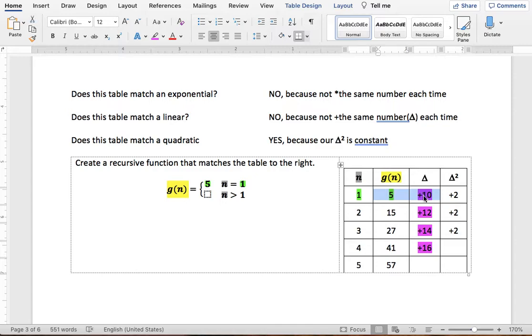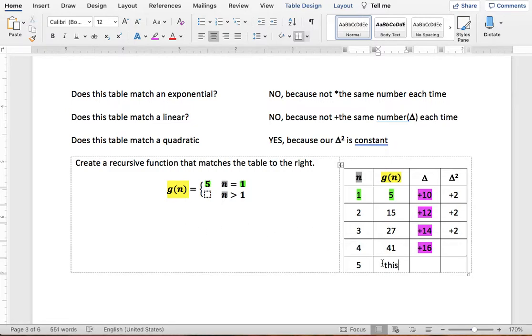So this plus that got me 15. This one plus this one gets me 27. This one plus this one gets me 41. This one plus this one gets me 57. So let's talk about an example of how to get this.